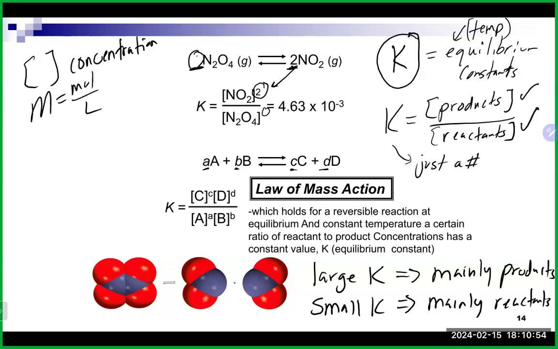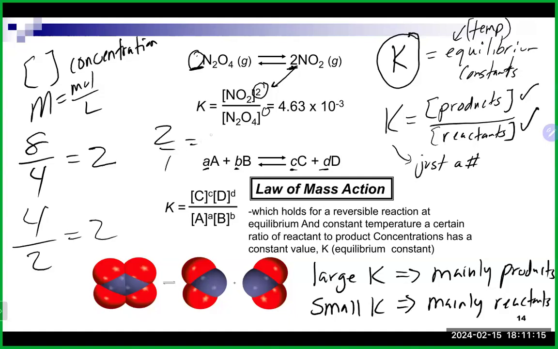So let's just take a basic math example, which we're going to try to do here late in the week, but we'll try here. If I take 8/4, for example, which is the ratio, say, of products to reactants, what's the number I get? 2. Take a ratio of 4 to 2, and I divide it. What do I get? 2. Take a ratio of 2 to 1. What do I get?